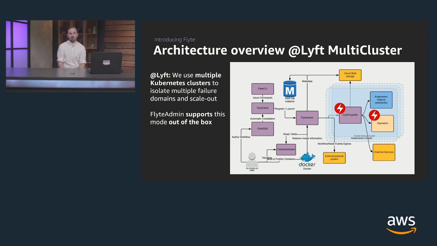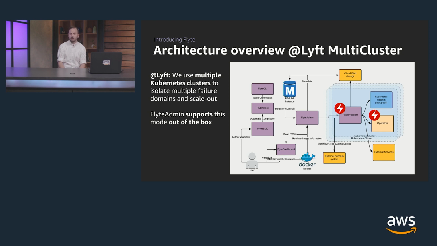When we're running Spark jobs that number in the hundreds of nodes, and we're running many of those simultaneously, we ran into inherent limitations in Kubernetes that forced us to start sharding our work across multiple Kubernetes clusters. And so that is something that is now supported out of the box on Flight, that we can submit to multiple clusters.